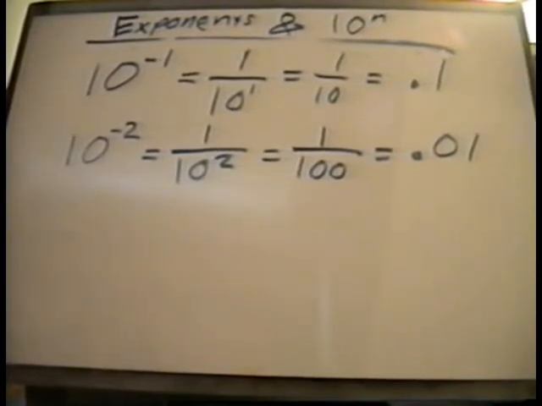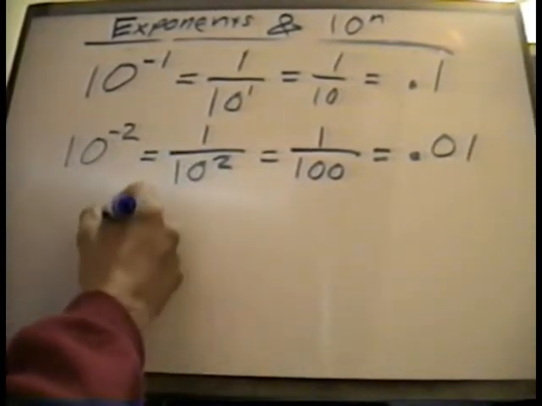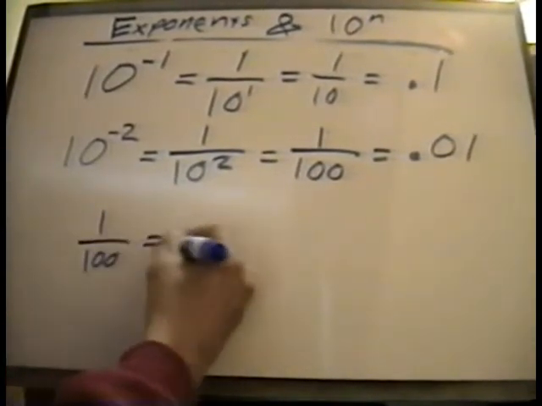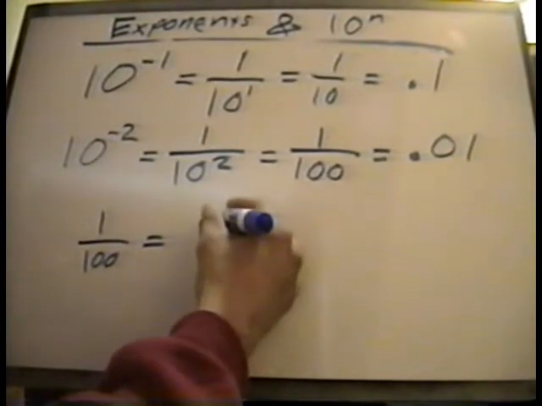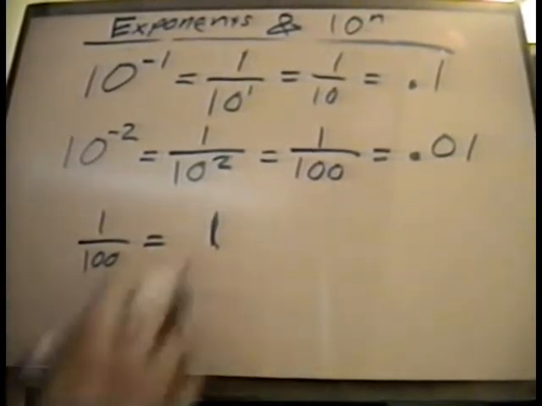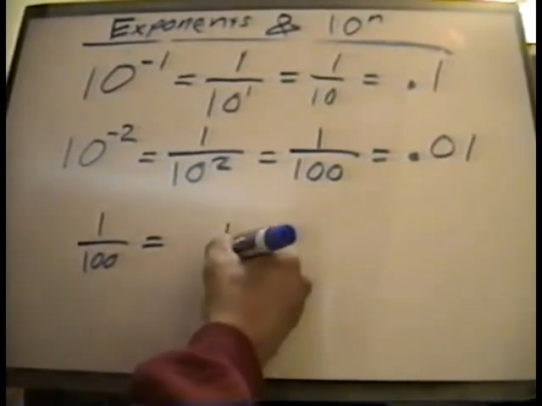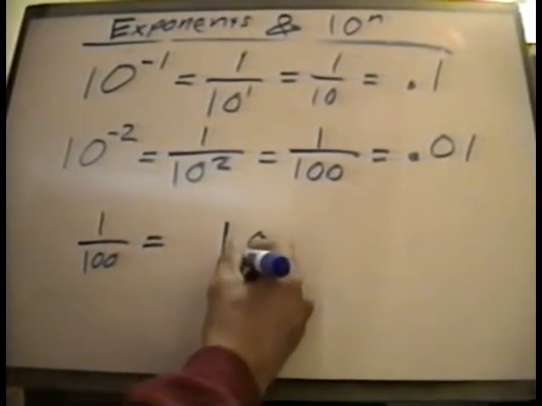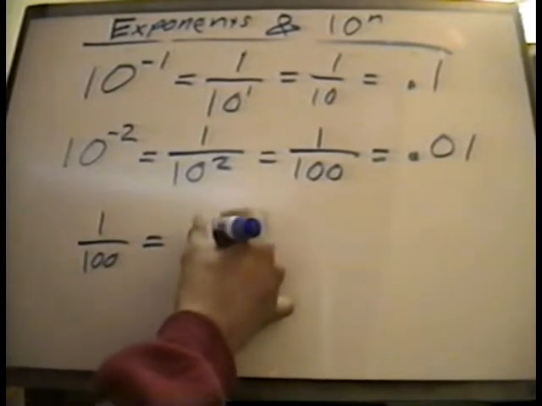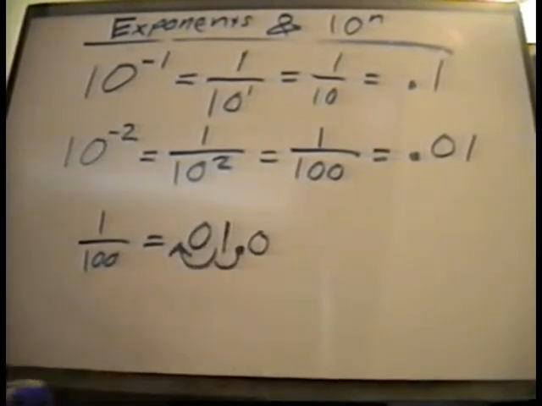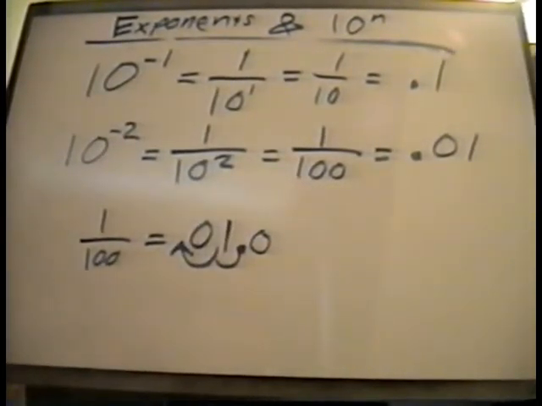Now to divide any number by 100, you have to shift the decimal place 2 times to the left. I tell you, shift your decimal point 2 times to the left. That gives you 0.01.